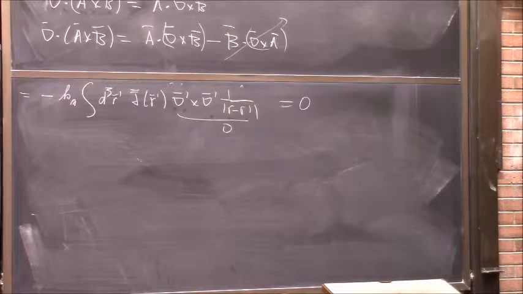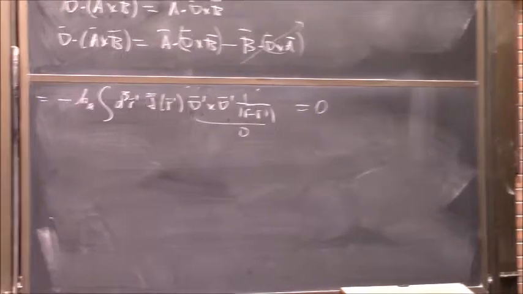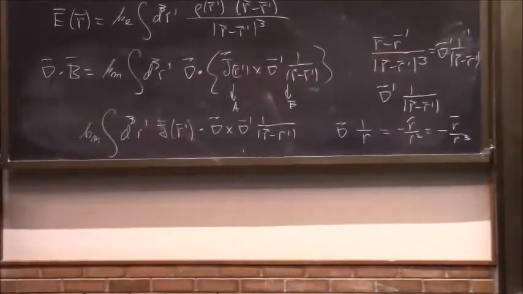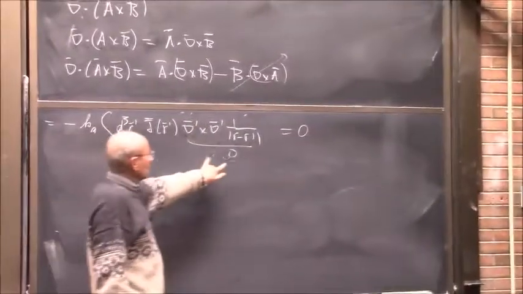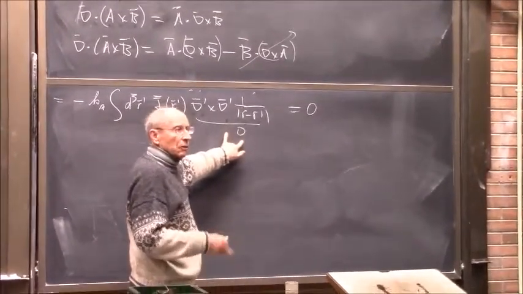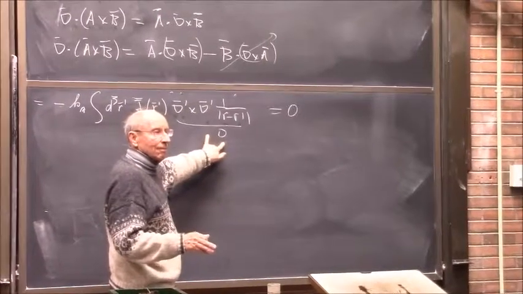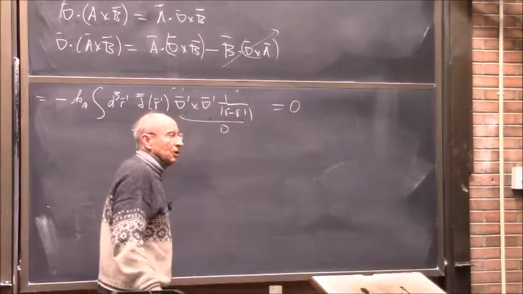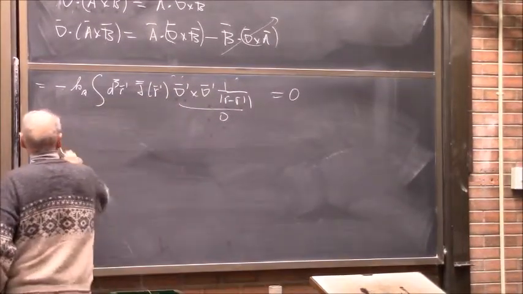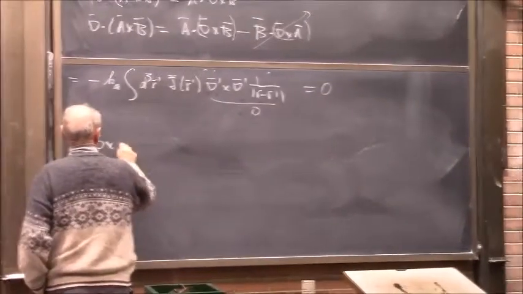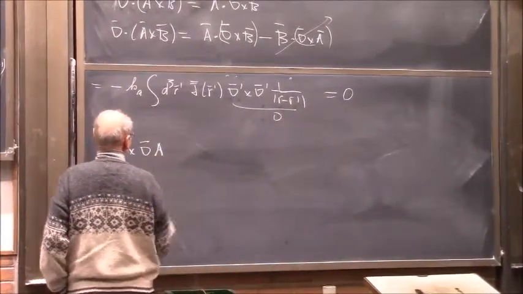Okay, now we need to find the curl. Are you all familiar with this, that the curl of a gradient is 0? Okay, then let's check that. So what is the curl of the gradient of anything?